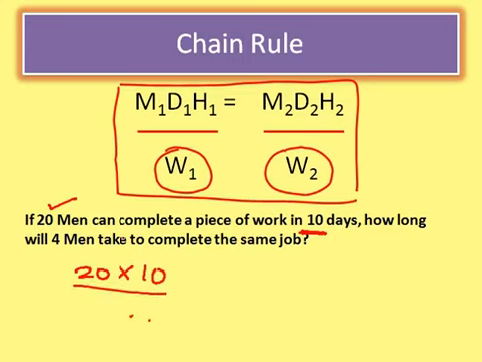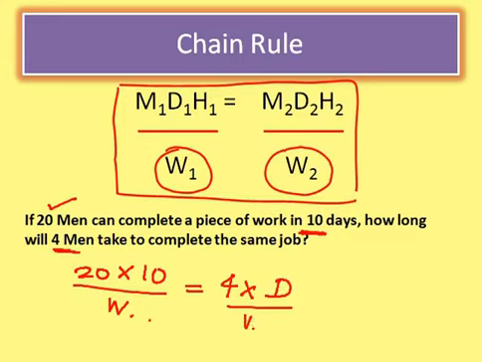Divided by W, since in both cases they are going to complete the same job. That is equivalent to, how long will it take for 4 men to do the same job? So in place of M2 I can put 4, times the number of days, which is what we are trying to find out, divided by W again, since these 4 people are going to do the same job.